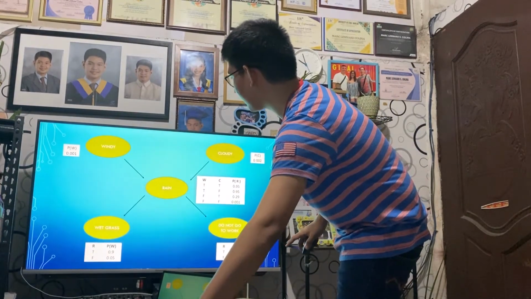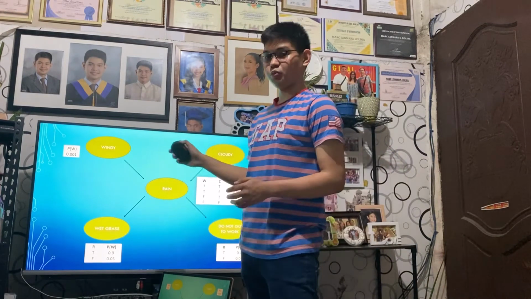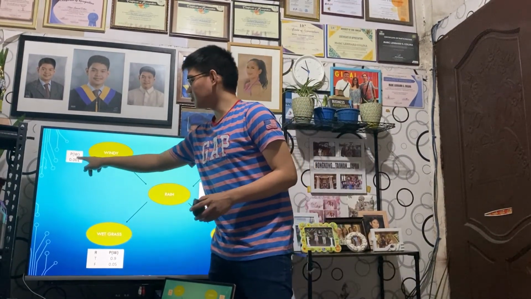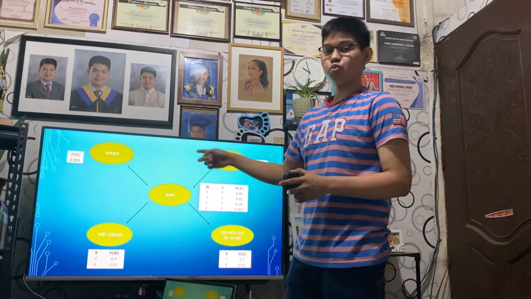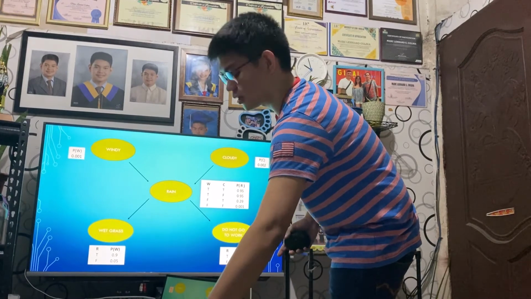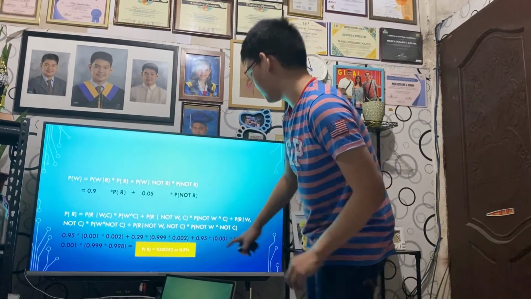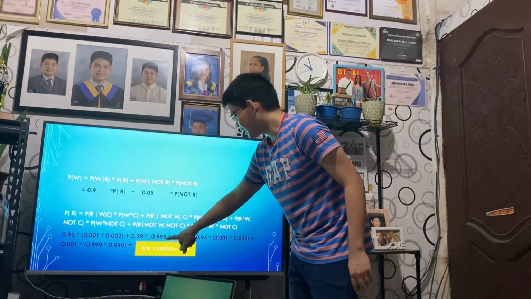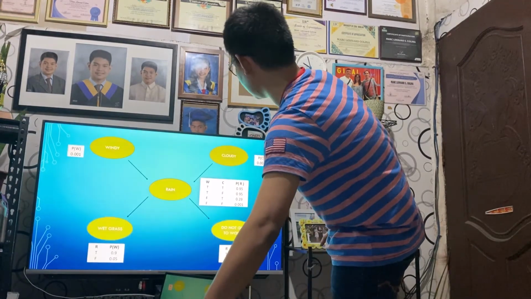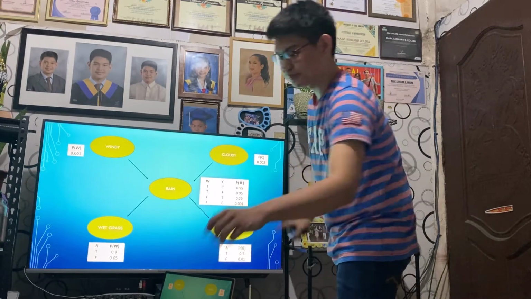Now remember once again, how do we get the probability of not windy? We just subtract the probability of windy from 1. So 1 minus the probability of windy gives us the probability of not windy. That's why we have 0.999 times the probability of cloudy, which remains 0.002.